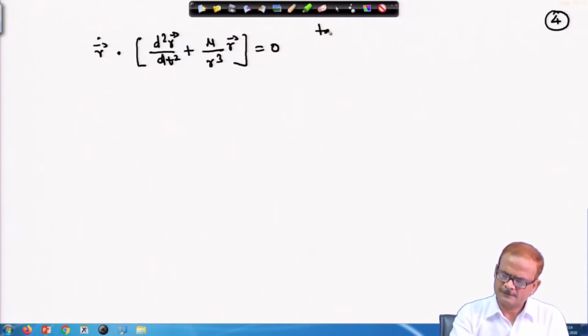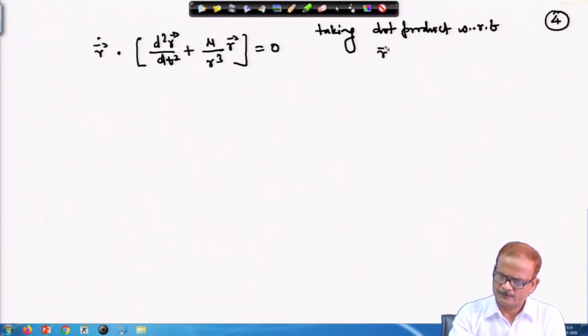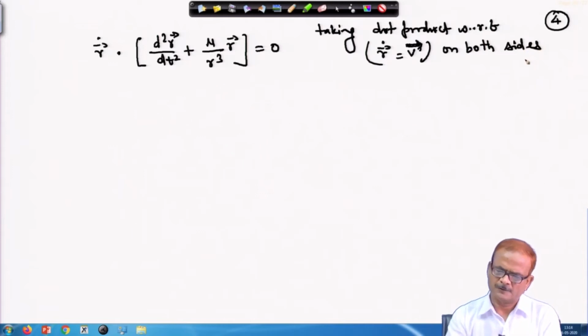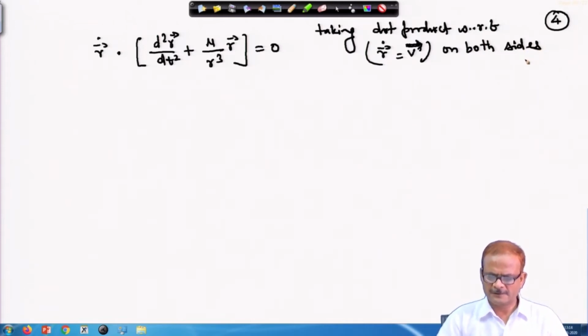Therefore, I am going quickly, taking the dot product on both sides with r dot, which is nothing but v. We are discussing the elementary things. Unless we are aware of all these things, we cannot go into the advanced topics.